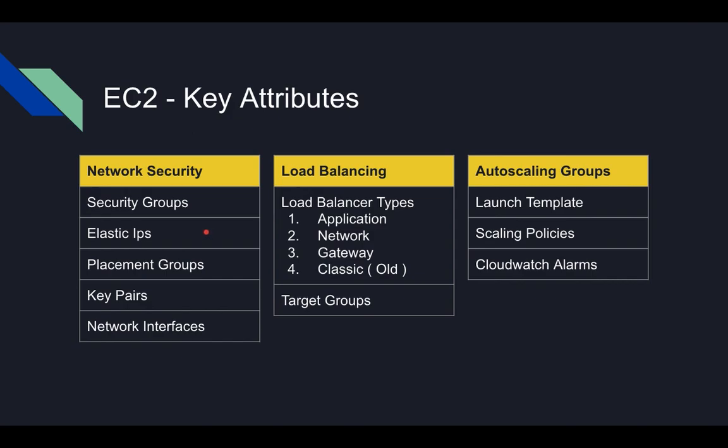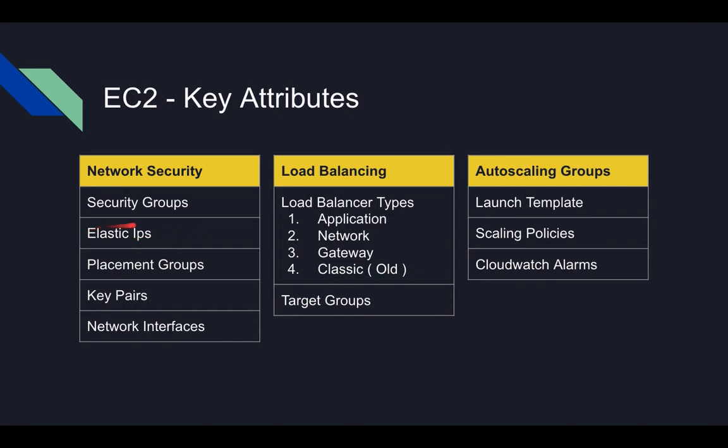Even if you start and stop your instance, your public IP address will change. In a similar fashion, whenever you terminate the instance and launch a new instance, your IP address will change. So if, for example, there is application X which is accessing your server, and your server dies and your IP address changes, then the application which was communicating to the earlier IP address will fail.